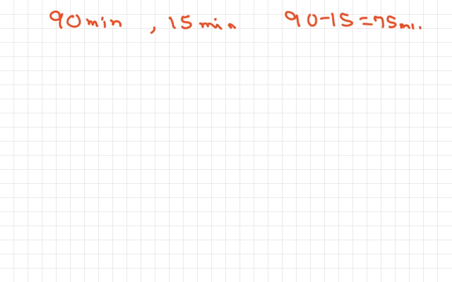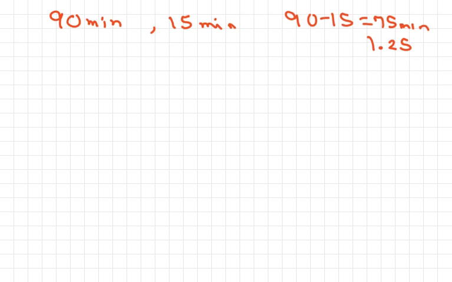If the total trip is to be done in 90 minutes and 15 minutes were already used, then there's 75 minutes left. So 90 minus 15 equals 75 minutes left, or we can call this 1.25 hours. We're going by 15s, that's 5 15s.